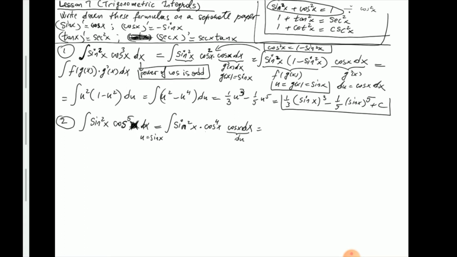Now pay attention here, the identity that gives me cosine in terms of sine is for cosine squared of x. So here I'm going to write cosine fourth as cosine squared x, again to the power 2. And then, just like in the previous exercise, we're going to replace cosine squared with 1 minus sine squared of x.